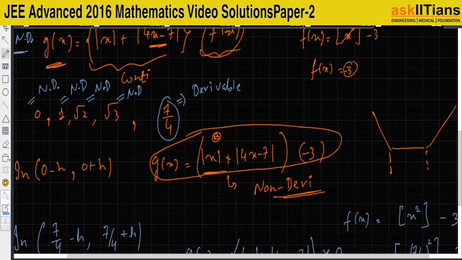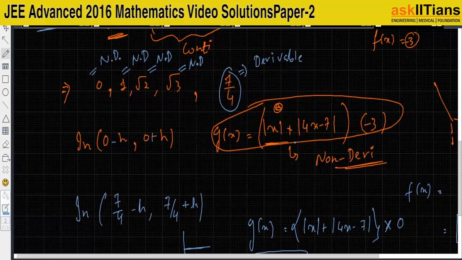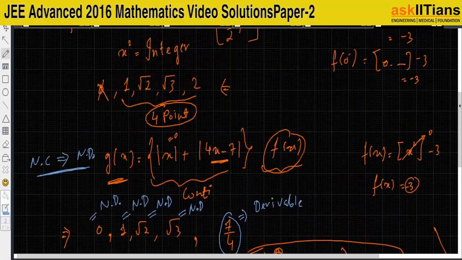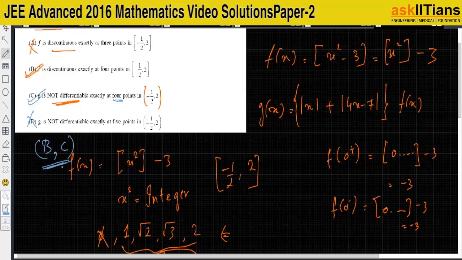So at how many points is my function non-derivable? At 4 points. The function is non-derivable at exactly 4 points. So again, here also the answer will be 4 points. C is correct, D is incorrect. So the correct answer for this question was B comma C. B and C are the correct options. Exactly 4 points. Which are the points here?